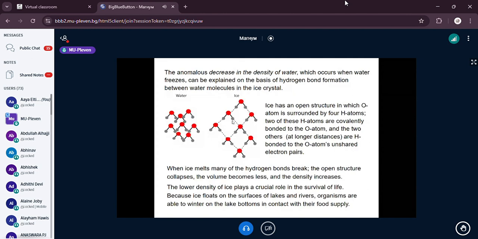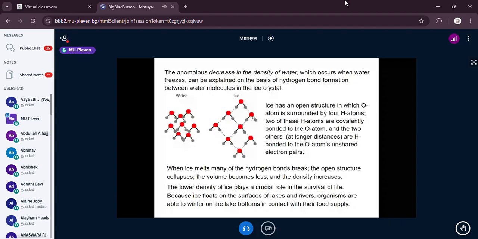You can see that in ice, water molecules, due to formation of hydrogen bonds, form a very ordered, so-named open structure, in which each water molecule forms 4 hydrogen bonds with neighboring water molecules. In liquid water, this ordered open structure is destroyed, and the number of hydrogen bonds decreases.